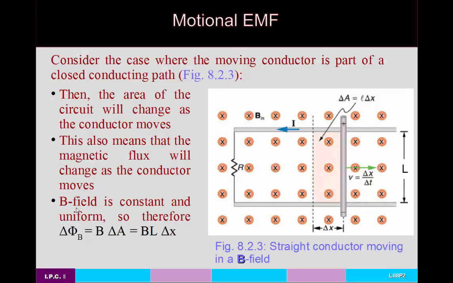So if the magnetic field is constant and uniform, then the change in flux for the magnetic field, which is B dot A, is going to look like B times delta A, and so you'll get B times L times delta x, where L is the distance between the two rails, in other words, the effective length of this conductor that we've set up, and delta x is the distance between where the conductor started and where it has moved to now.